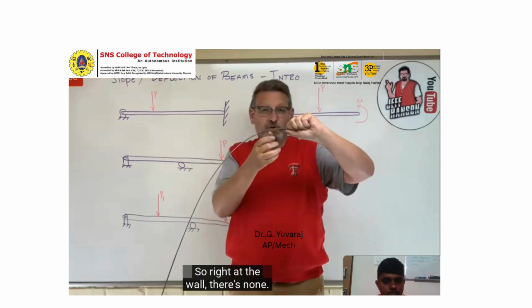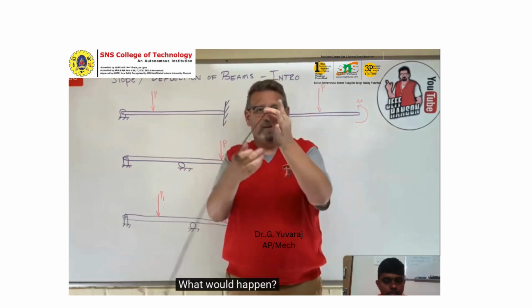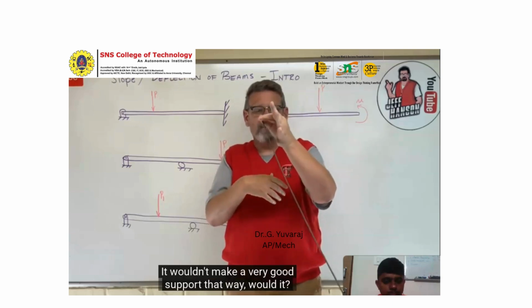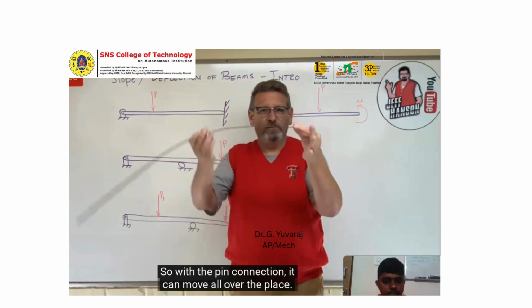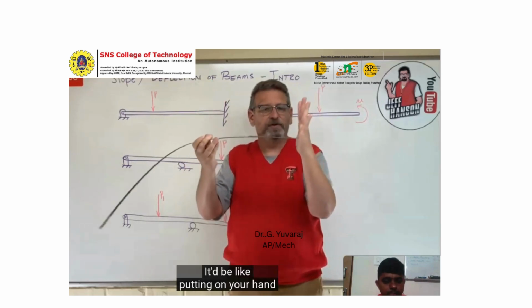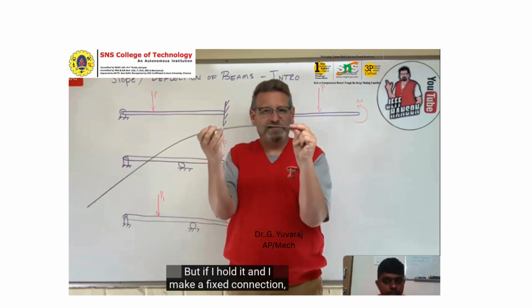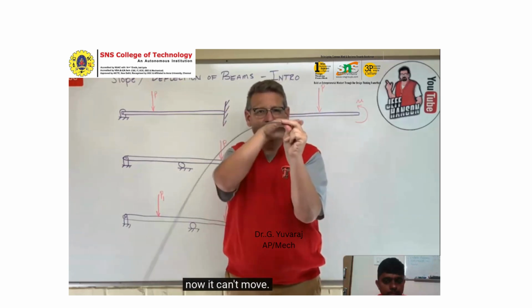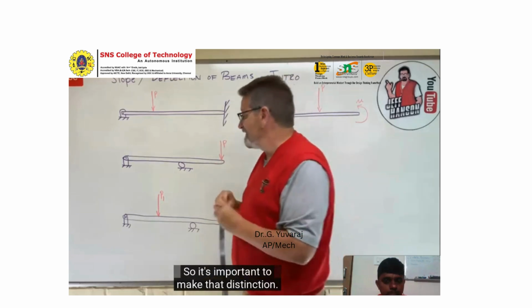Right at the wall there is none. Now what if the wall was a pin connection? It wouldn't make a very good support that way, would it? With a pin connection, it can move all over the place, like putting it on your hand and letting it swivel there. But if I hold it and make a fixed connection, now it can't move. It's going to be flat there. So it's important to make that distinction.